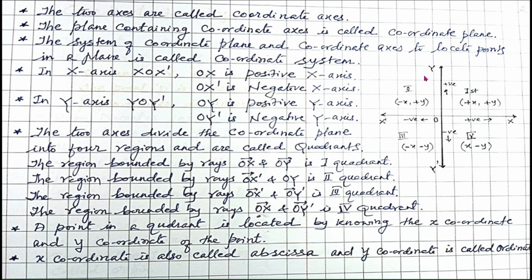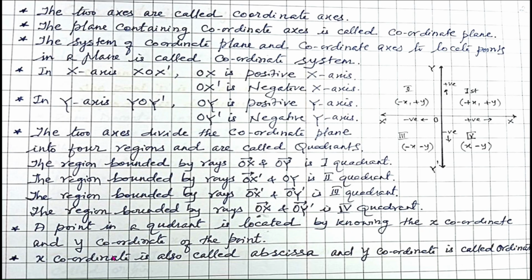Rather, the coordinate plane is divided into four quadrants by the two coordinate axes lying in a coordinate plane. A point in a quadrant is located by knowing the x coordinate and the y coordinate of the point.